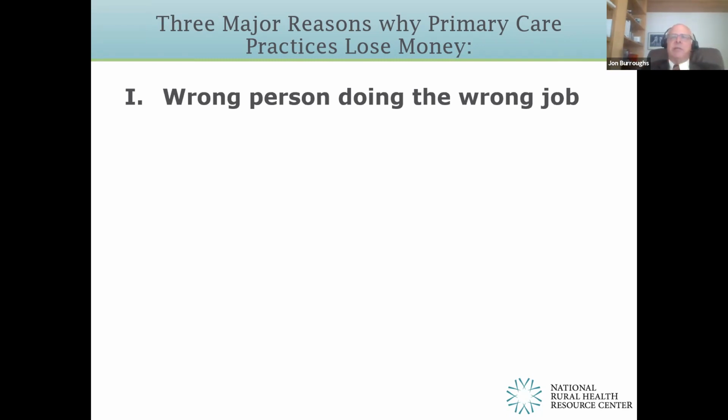Most of what comes into the emergency department, most of what comes into an office can be handled by a nurse practitioner, a PA, an RN, or an LPN. And yes, state law permits RNs to provide primary care services under a physician-based protocol under direct physician supervision, if you read any Nurse Practice Act in any state. So the wrong person doing the wrong job. And I'm going to show you what the right job is in a little bit.